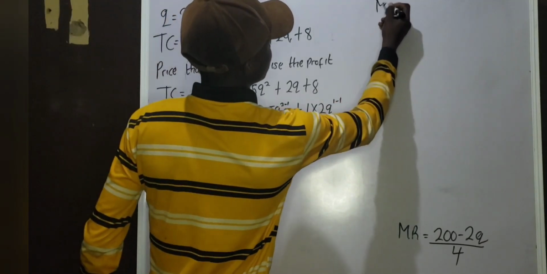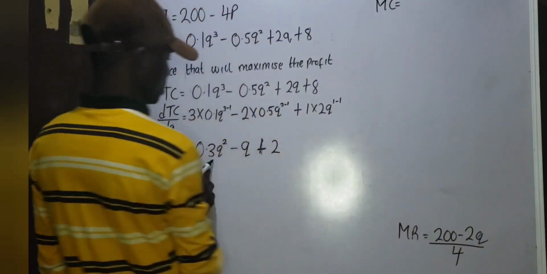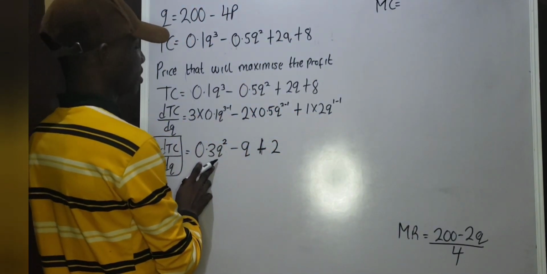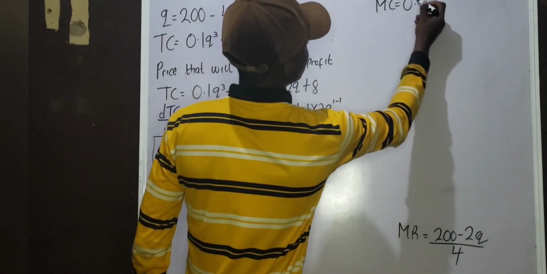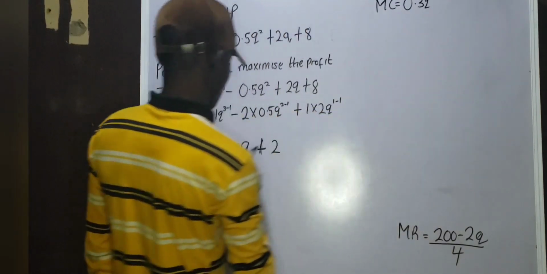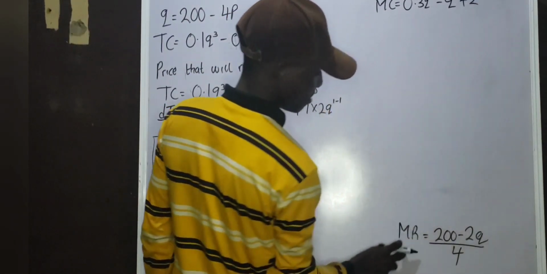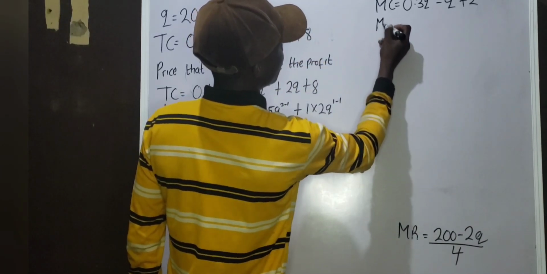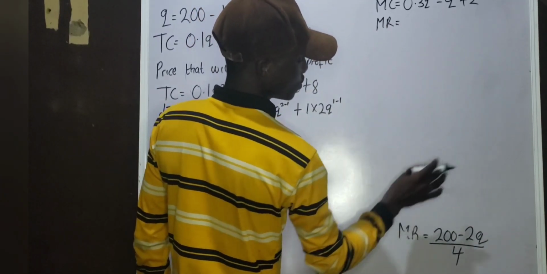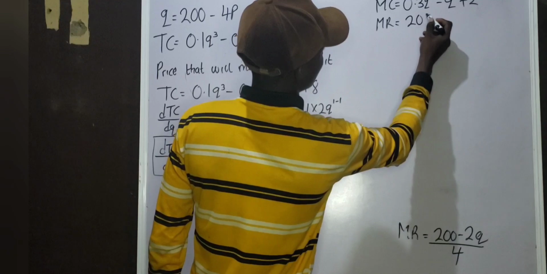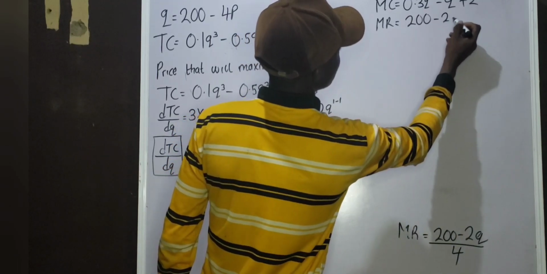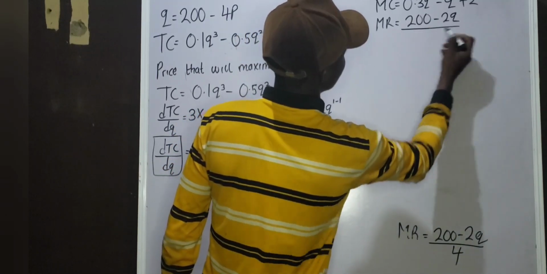So let us write our marginal cost out. The marginal cost is equal to 0.3Q squared minus Q plus 2. You understand? And the marginal revenue is equal to 200 minus 2q all over 4.